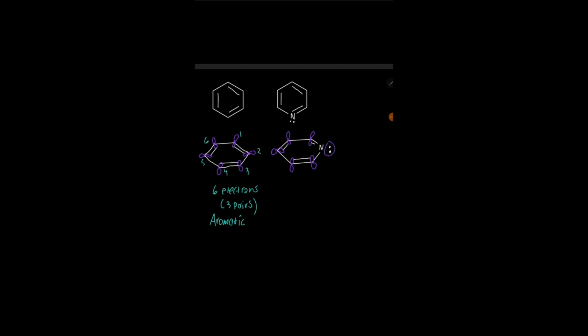So that's going to be included. We're going to count them up. We still have 6, like before, so our 6 electrons. Three pairs. It's an odd number. It's aromatic.